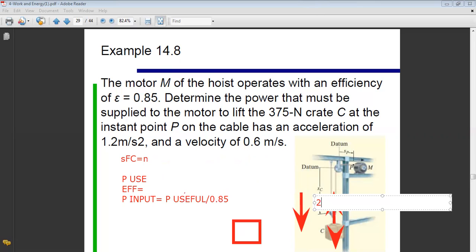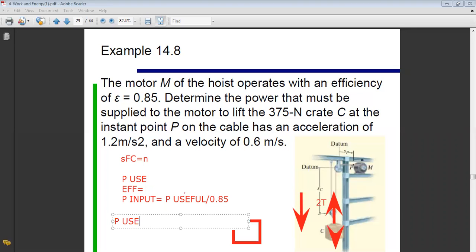So if you want to put the useful power at C, you will say that P useful for C is equal to T at C times velocity at C. The tension at C is 2T, but the velocity of C is Vp over 2.